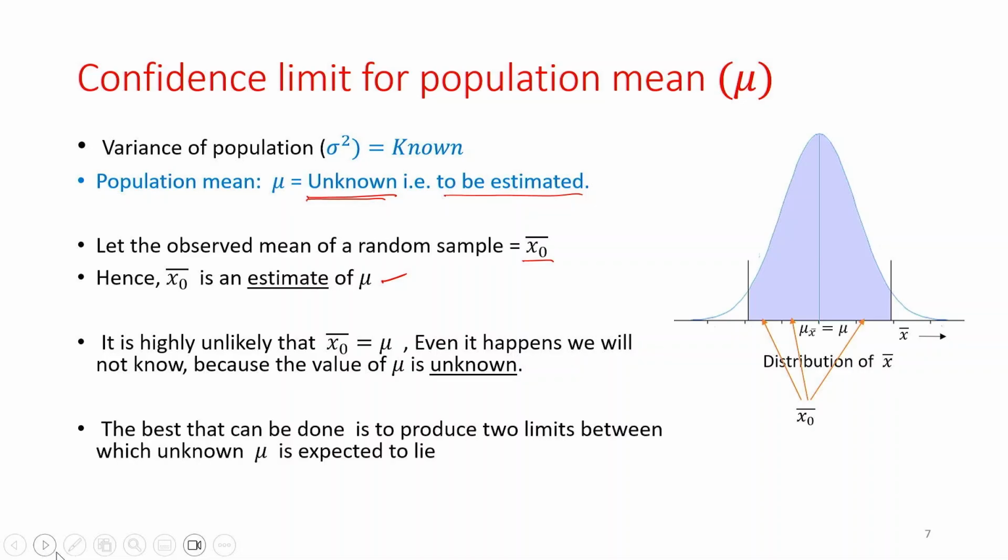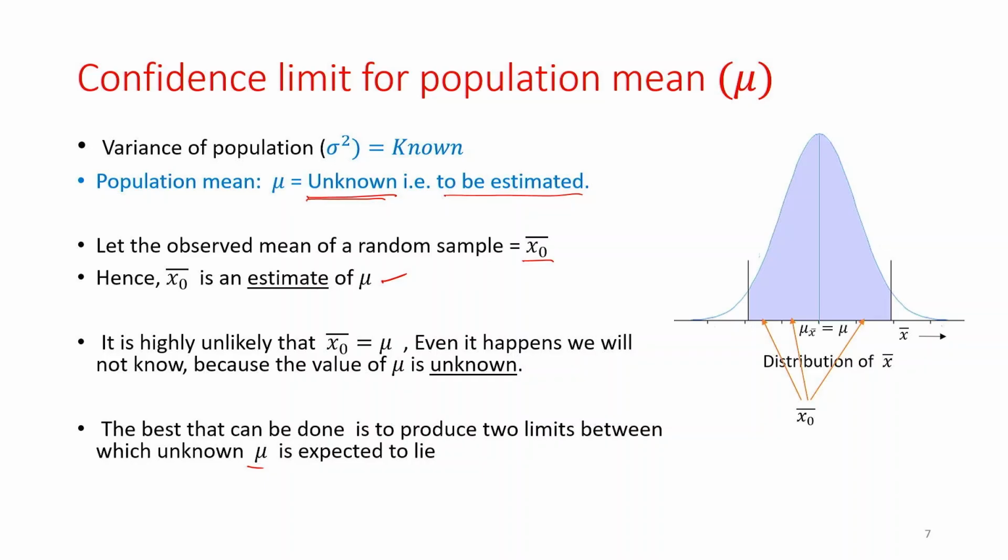The best that can be done is to produce two limits between which the unknown mu is expected to lie. We will never be able to tell that this is the exact value of population mean. This is impossible, but we can try to find out two values, a lower value and an upper value.